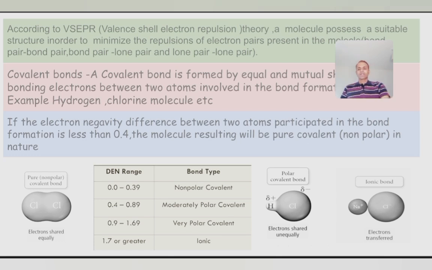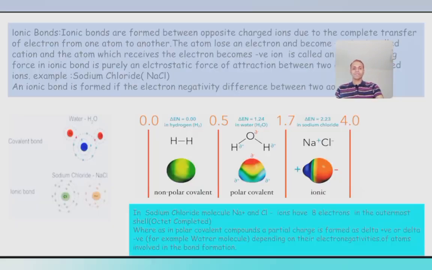If the electronegativity difference is 1.7 and above, that results in the formation of ionic compounds. The best example is sodium chloride. When you look at the electronic configuration of sodium, you can see there is one electron in the outermost shell. In order to complete its octet, the outermost electron is fully transferred to chlorine.